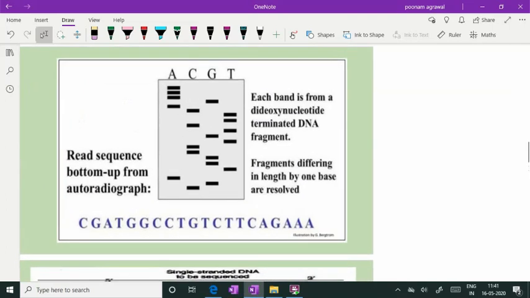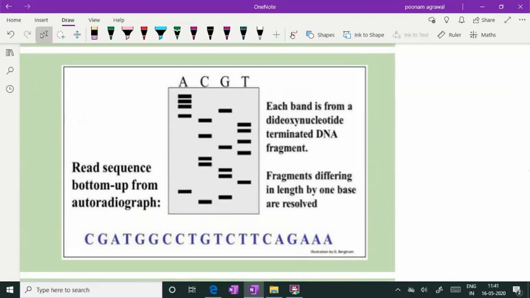If you see, this picture is clearly telling you that fragments differing in length by one base are resolved, and each band is from a dideoxynucleotide-terminated DNA fragment, and you have to read the sequence from bottom up, because the smallest fragment has moved maximally, and that is going to show you the 5' end of the daughter or new DNA.